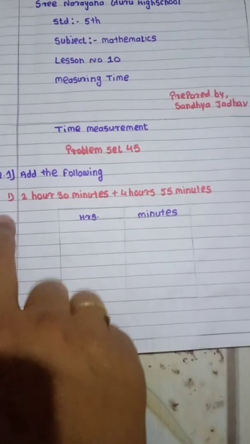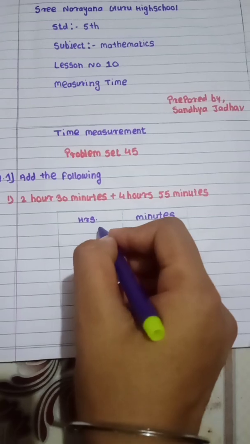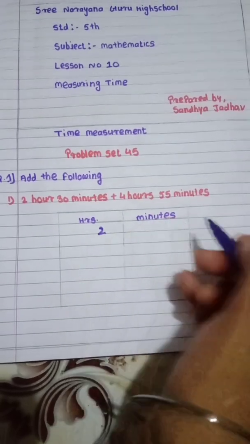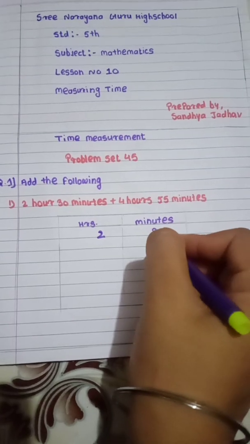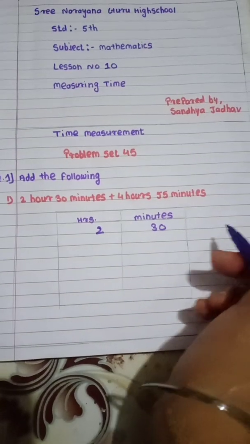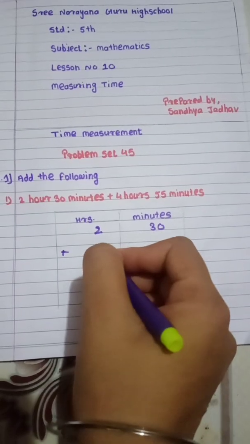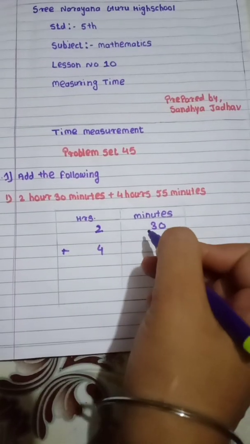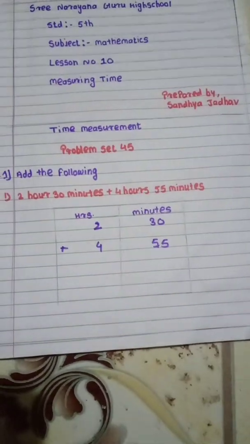See, hours is how much? 2 hours. So I will write over here 2 and minutes are 30. So here 30 and I have to add 4 hours. So I will write 4 and 55 minutes. So here 55. Okay.